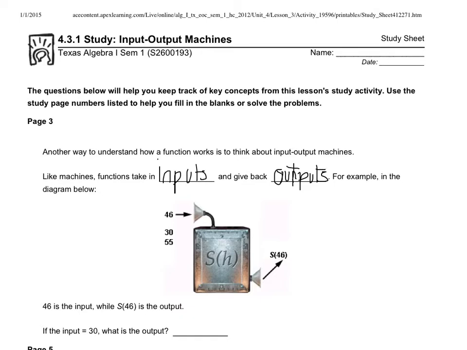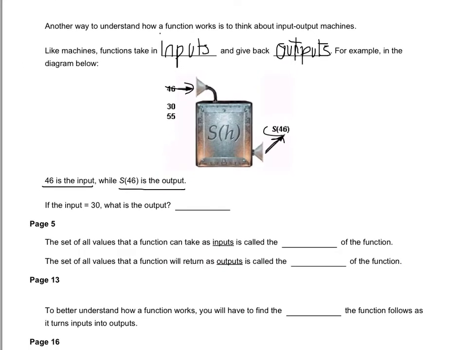For example, this function machine here is putting in 46, and what's coming out is S of 46. So 46 is the input and S of 46 is the output. If the input is 30, then the output would be S of 30.